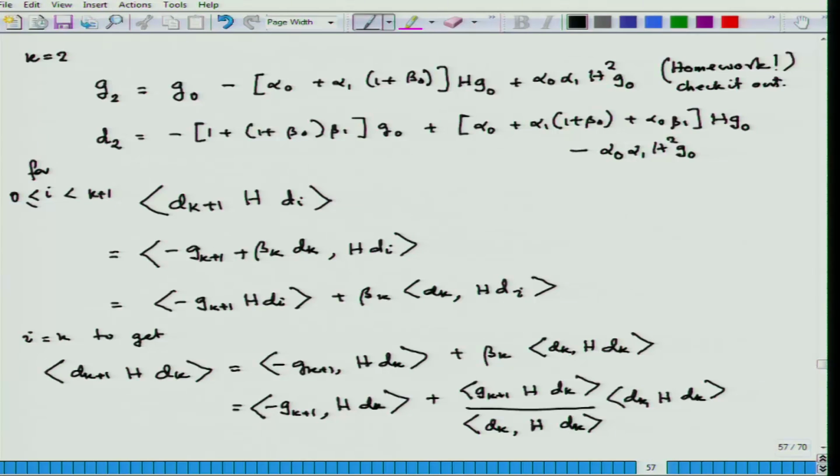So what happens is that you see this gets cancelled with this and this. So, this remains and which is nothing but the negative of this. So, ultimately this becomes 0.